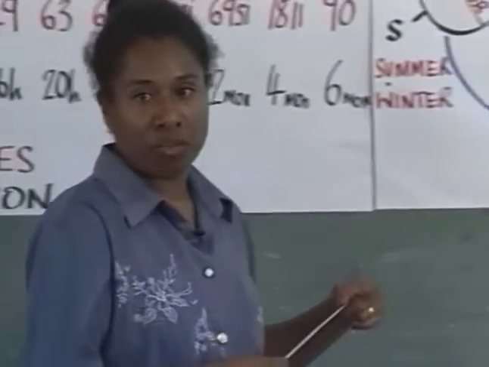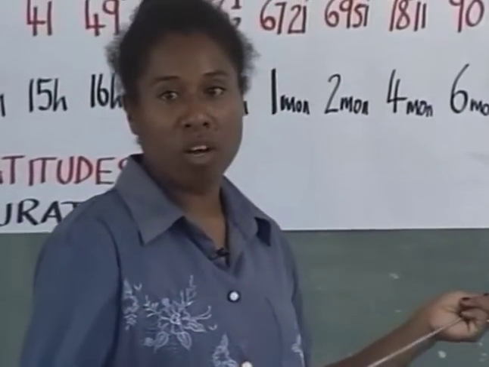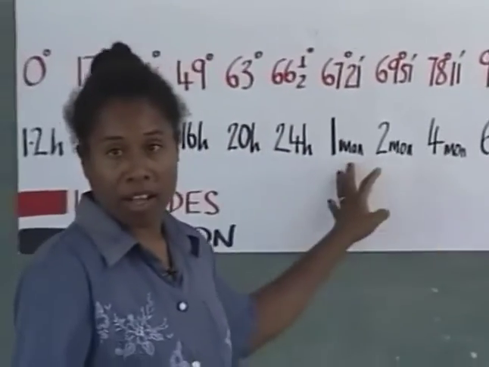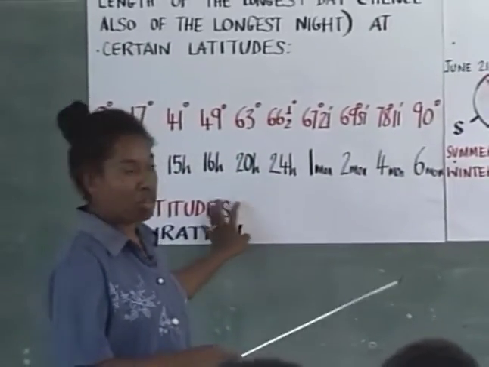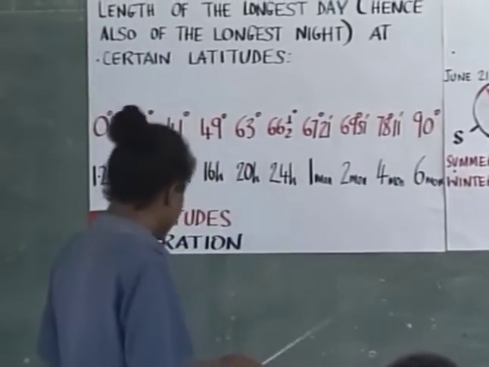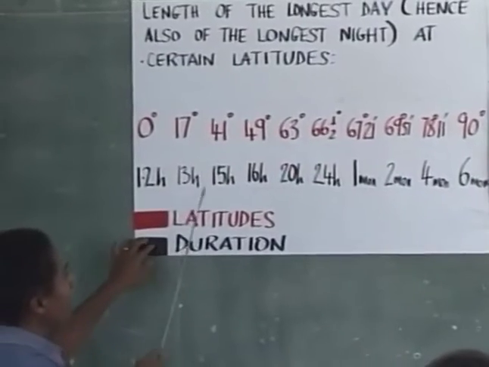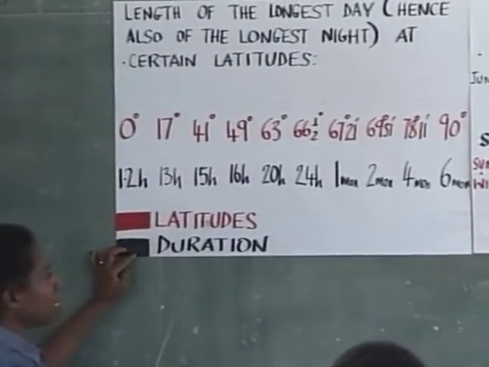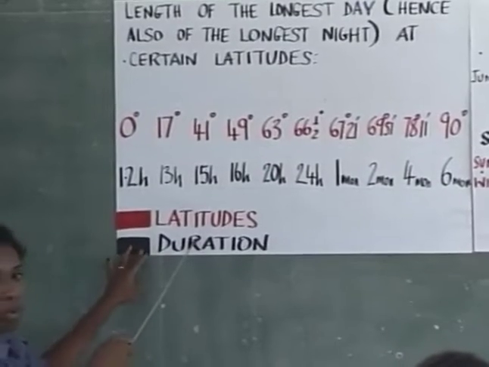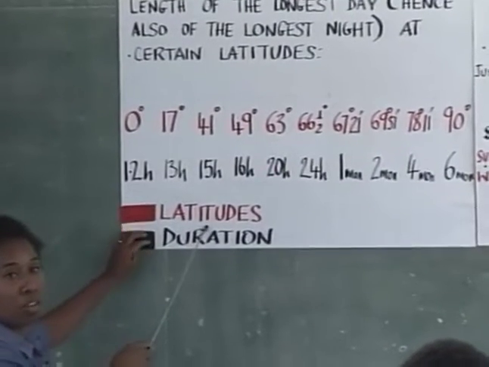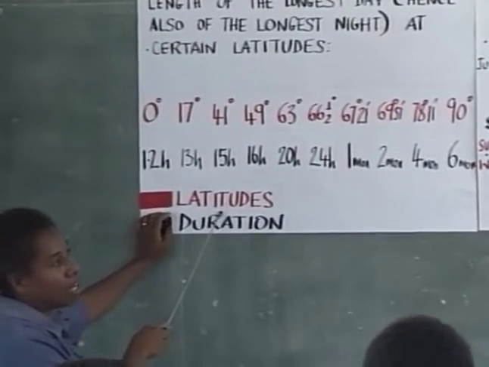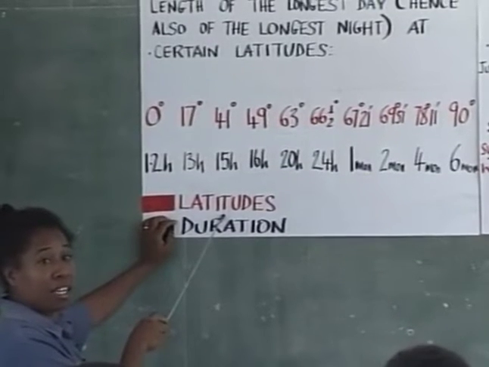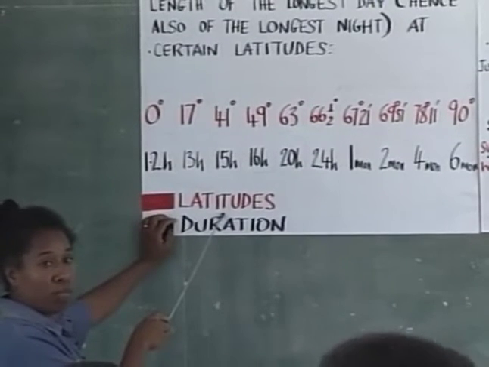Okay, finally, to finish off the work that we have covered now on equinox and solstices, I have a chart here which might be of interest to you. Looking at the chart, we note the numbers written in red represent the different latitudes. When we look at the important lines of latitude, we're looking at lines like the equator, the Tropic of Capricorn, the Tropic of Cancer, the Arctic Circle, the Antarctic Circle, the North Pole, and the South Pole.